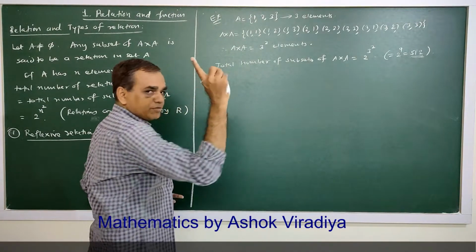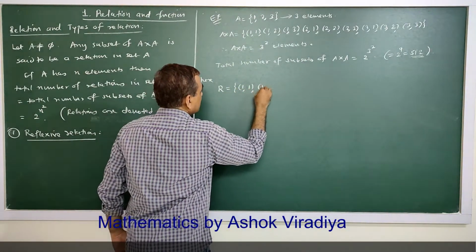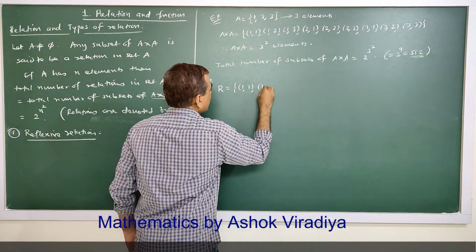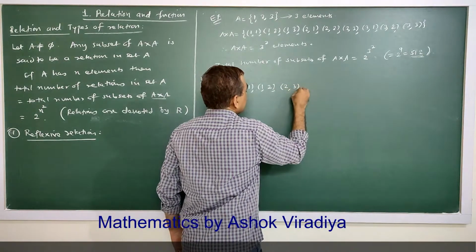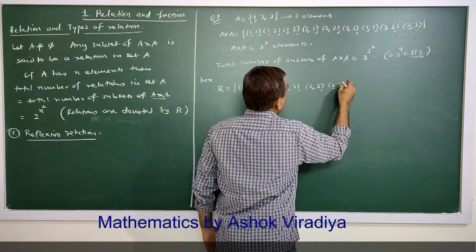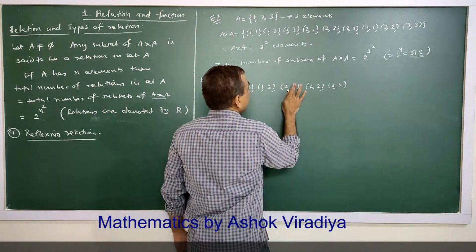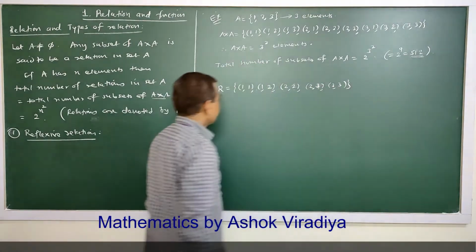So selecting one subset, suppose I take (1,1), (1,2), (2,2), (2,3), (3,3).